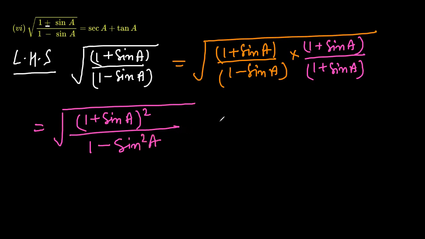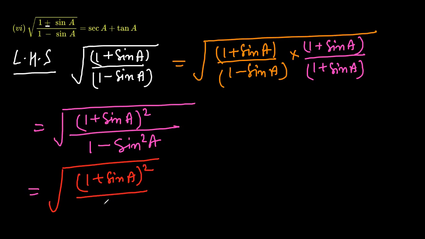Now this is equal to the square root as it is, and 1 plus sine A whole square divided by 1 minus sine square A, the well-known identity, which is equal to cos square A.